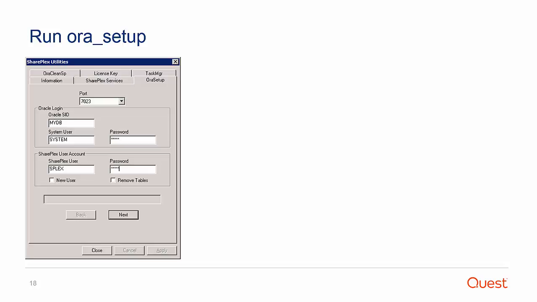This will enable you to establish SharePlex as an Oracle user and create appropriate tables in the database. Provide the Oracle SID, System User Password, SharePlex database username and password, and click Next.